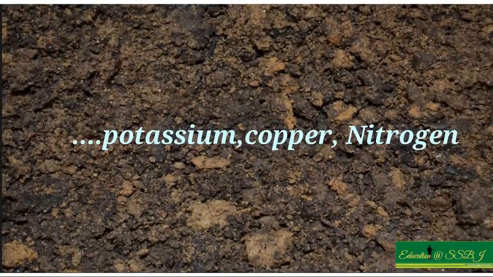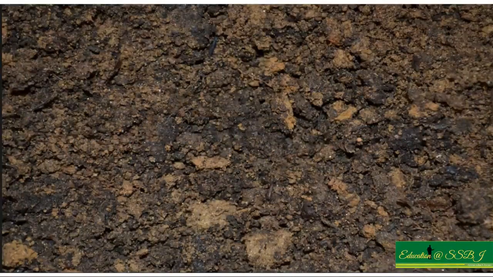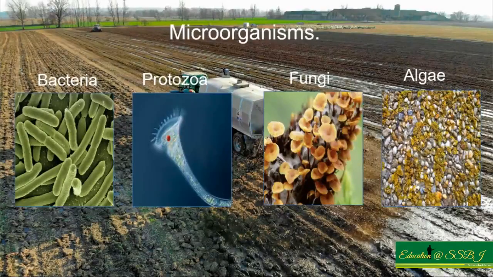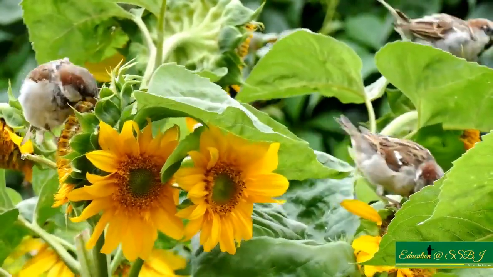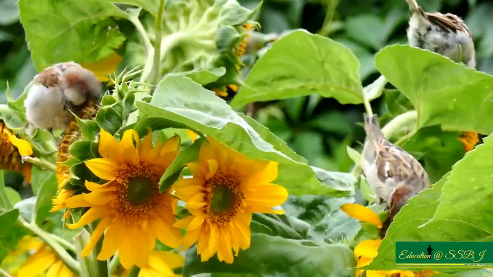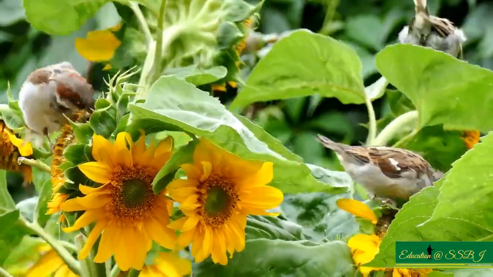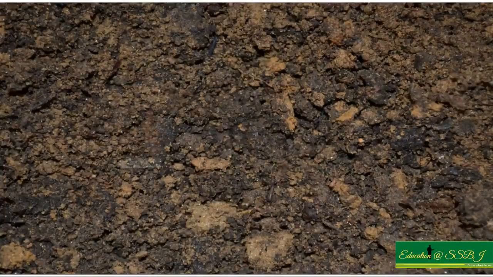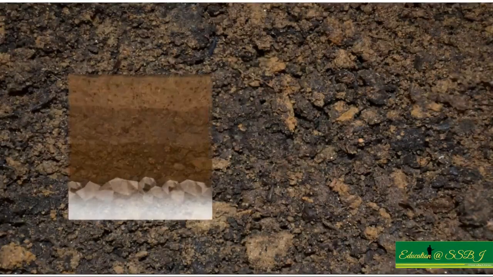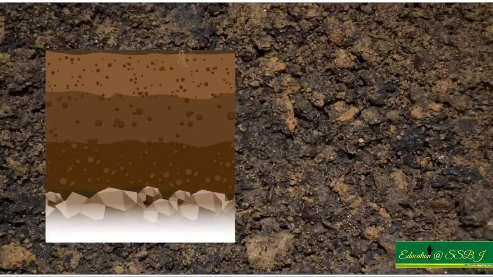All that nutrients, potassium, copper, nitrogen, all which was there in the dead bodies are decomposed, and these organisms convert them in a usable form for the plants to receive. These nutrients are again absorbed by the plant. Why should we turn the soil? These nutrients are at the bottom of the soil, and turning the soil helps to bring those nutrients to the upper layer.